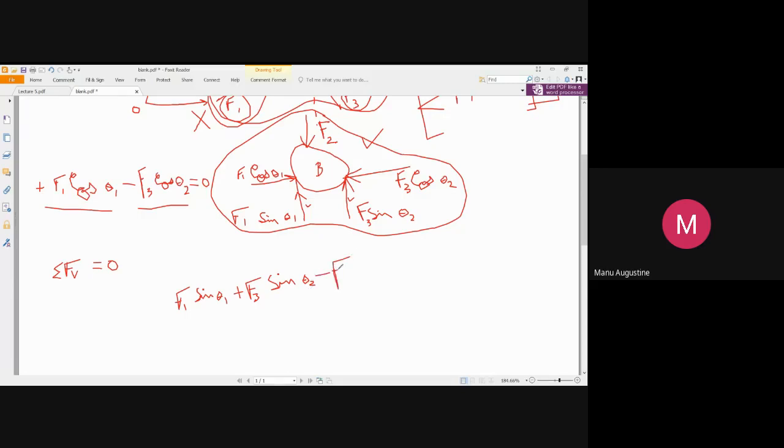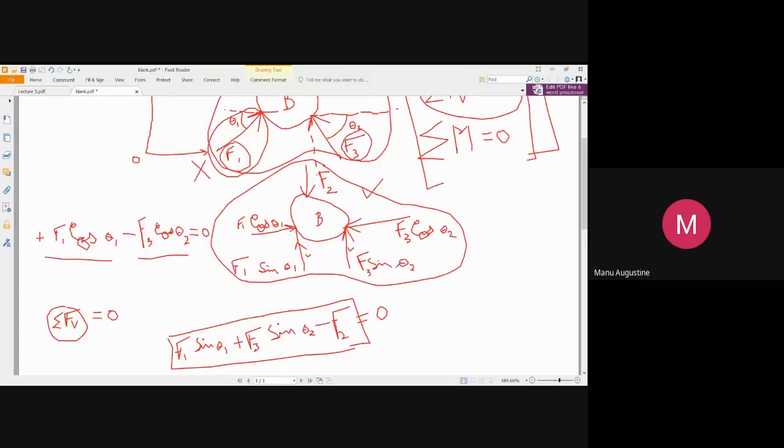The F2 force has been taken with a minus sign because it is acting downward. Since there are only three vertical forces, I have put all three forces side by side using their sign conventions. So basically I have added up all the vertical components with their proper signs. The theory says that this sum must come out to be equal to 0.